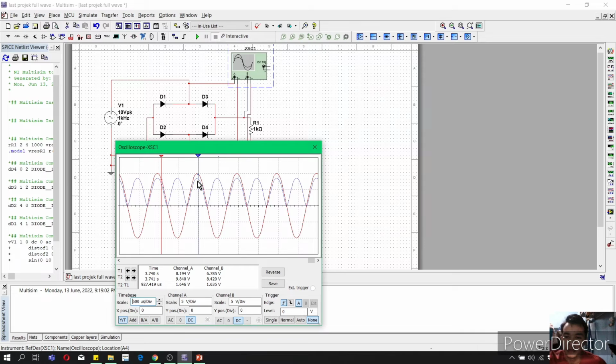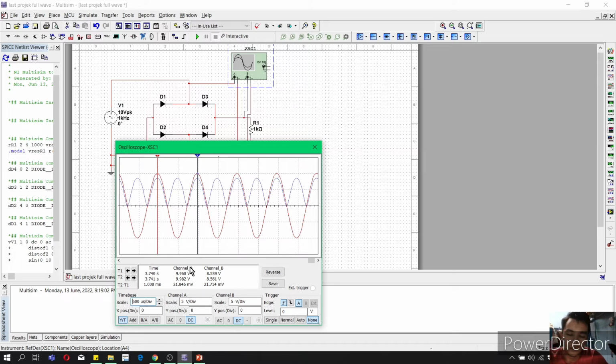To measure the amplitude, I move them to the maximum of the wave. So we can see for the input signal, channel A, 9.9 volt for the amplitude. Besides, to measure the frequency, I must find the period first. So the period is 1.0 millisecond.